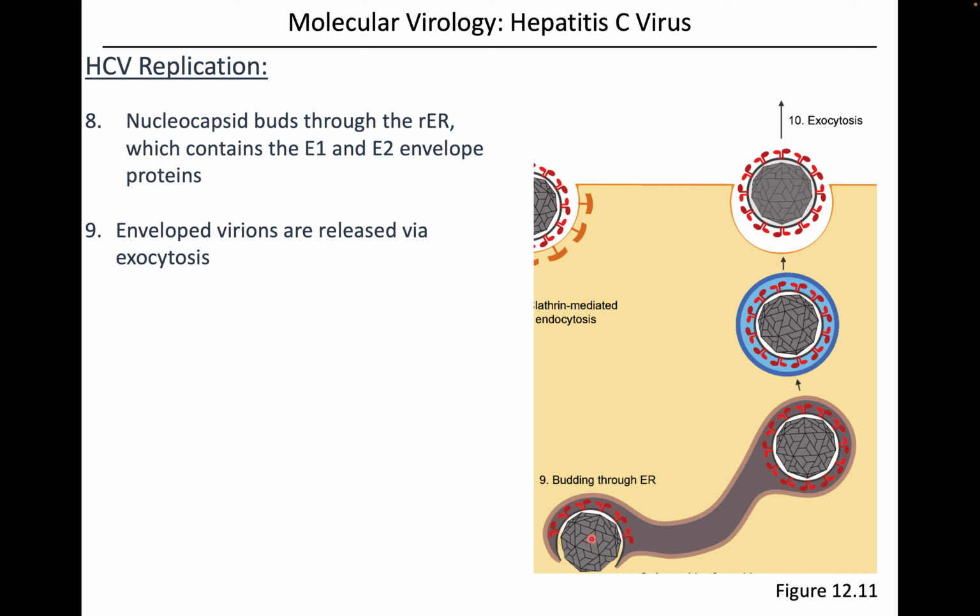The capsid is attracted to those proteins or that region. When we bud into the ER, we pick up that envelope with the appropriate proteins. We bud out of the ER, picking up the extra membrane again, and then discarding that upon exocytosis and release. So not too bad. You do have that little interesting addition of the ER remodeling in this particular virus, though.